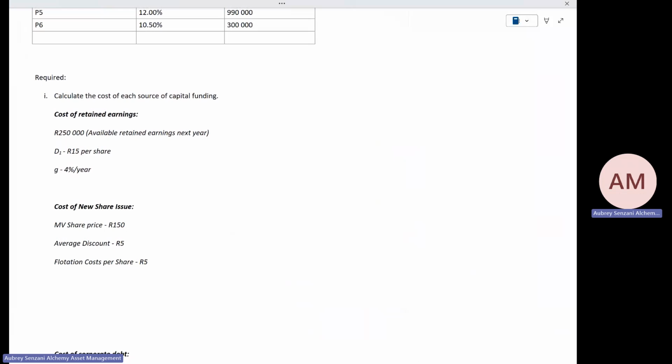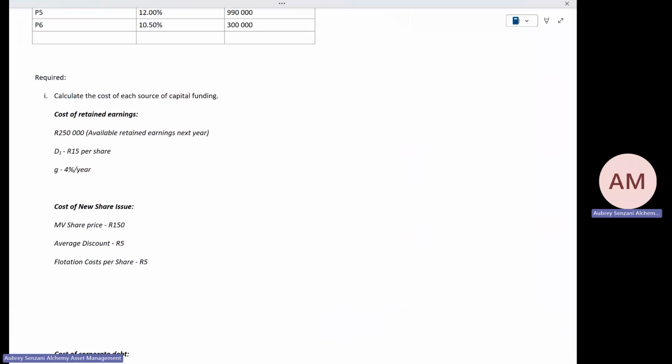Okay, then corporate debt. The company can raise corporate debt through the sale of 2,500 par value corporate bonds. Okay, so the par value on the bonds that we would potentially utilize, 2,500, at an average discount of 50 Rand per bond, and with flotation costs of 25 Rand per bond.